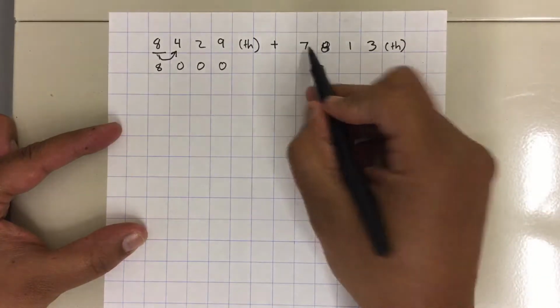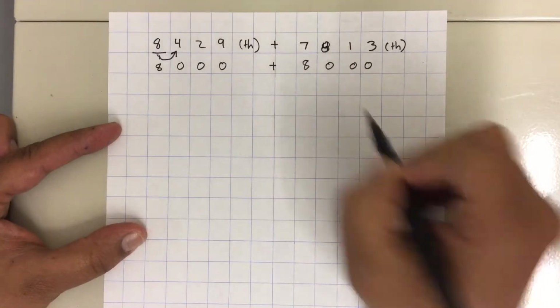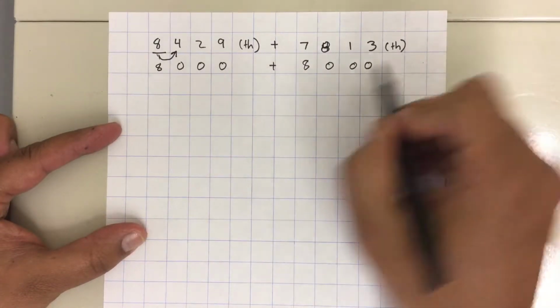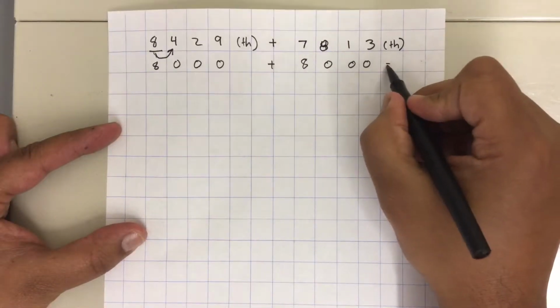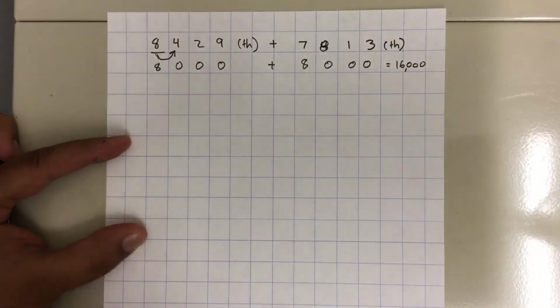So this 8 tells me to go up to 8,000, and I'm supposed to add them, so my estimate is 8,000 plus 8,000 equals 16,000. Now, that's review.